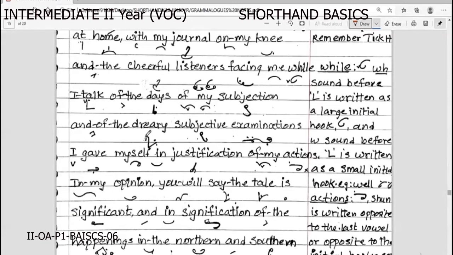Re. So through the line E and re and E. Re and re. E and a light dot here for E. Subjective, subjection and subjective, circle S we hope is subjective. Examination. Okay.